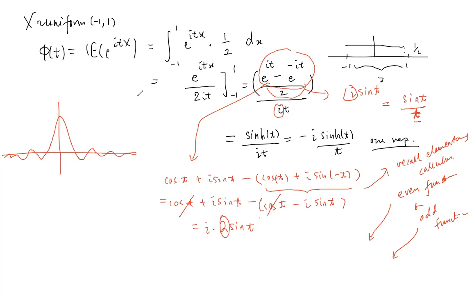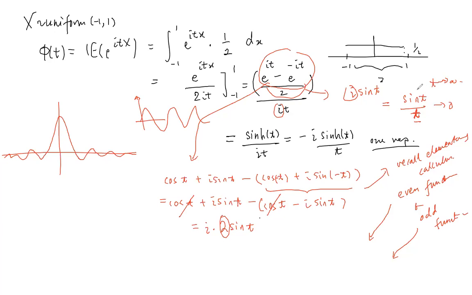If you don't have a t there, of course it will be just your sine going like this. But once you divide by t, it has a dampening effect, because as t tends to infinity, this will tend to 0.